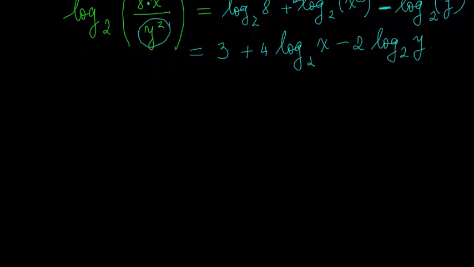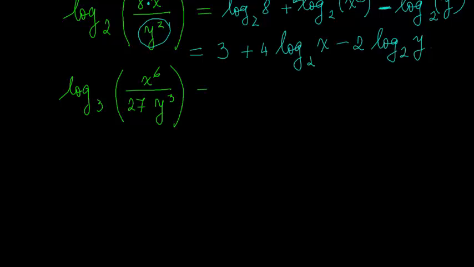So let's look at one more example. Let's say that I have log base 3 of x to the 6th over 27 y cubed. So again, we first split these factors into separate terms, each having a separate log in front of it.